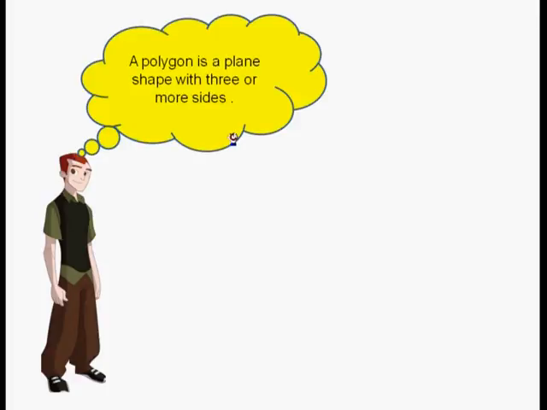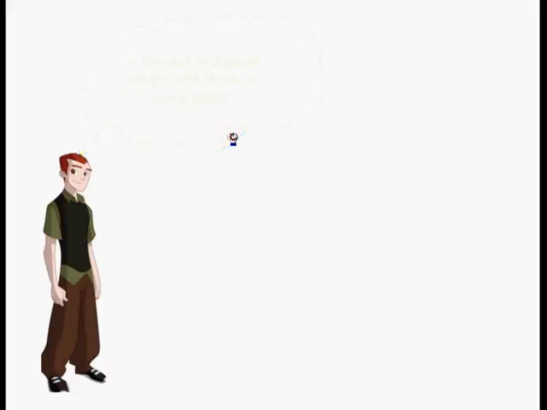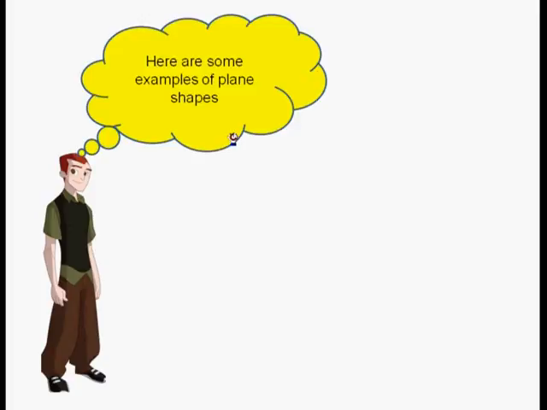A polygon is a plane shape with 3 or more sides. Here are some examples of plane shapes.